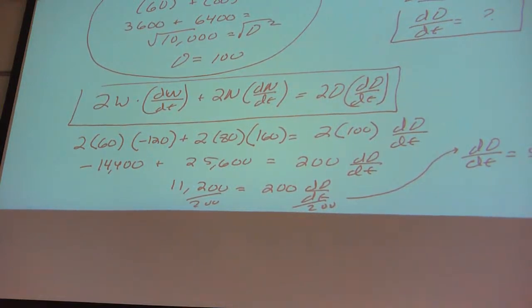Okay, so what I want you to take away from this is that you have a bunch of variables. We understand what each variable means. We plug in what we know, and we solve for what we don't know. Okay? Do one more.